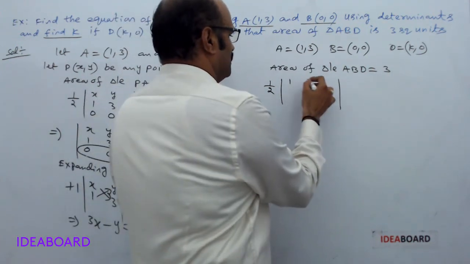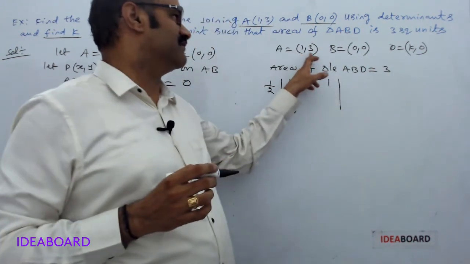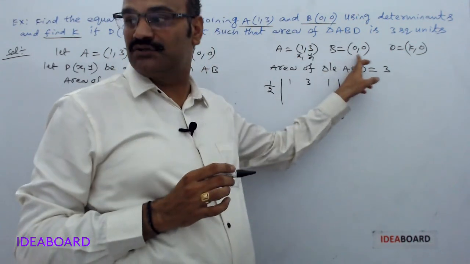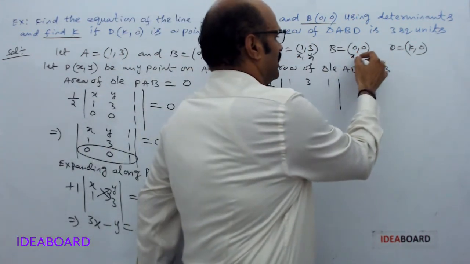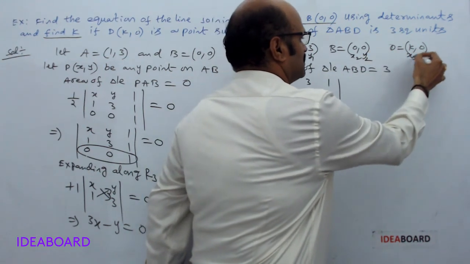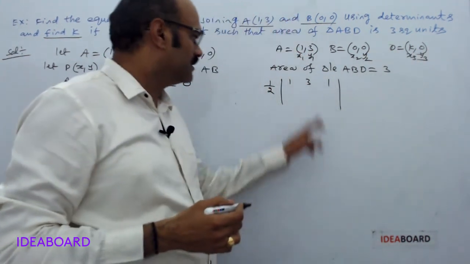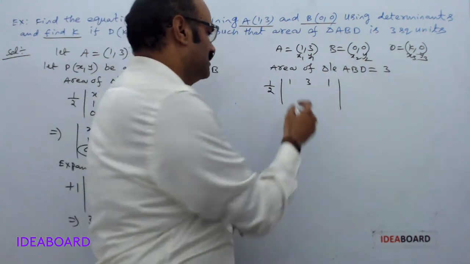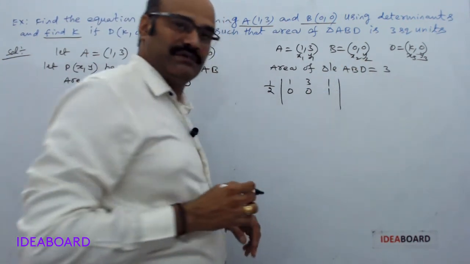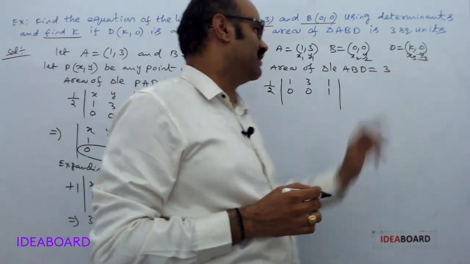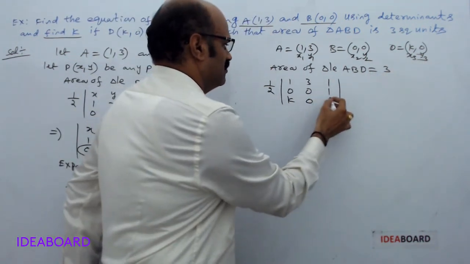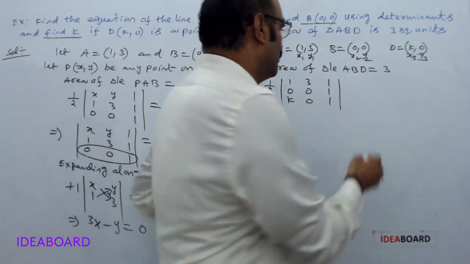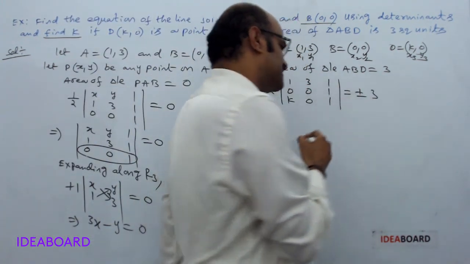So here 1 3 1, next 0 0 1, next k 0 1, equal to plus or minus 3, since it is an absolute value.